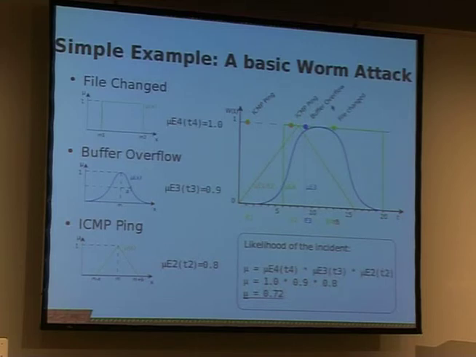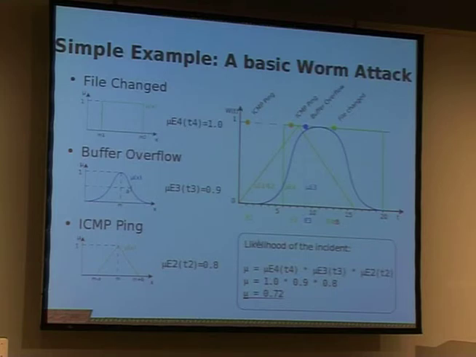And related to this point, we calculate the values of the membership functions. So we got 1.0 for the file change, because it is the event itself that we set as the reference point. The buffer overflow will be rated with 0.9, and the ICMP ping with 0.8.